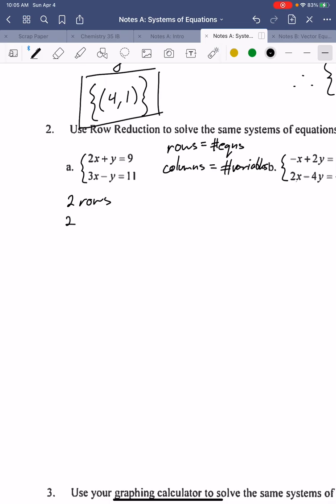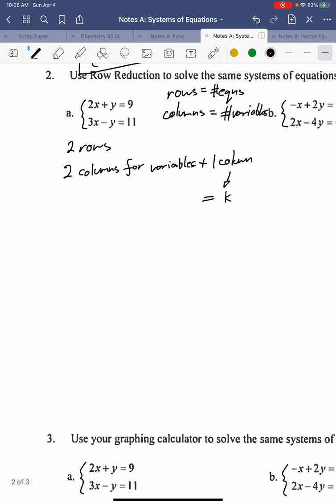And for an augmented matrix, which is what this is called, we're going to have 2 columns for the variables, plus 1 column which represents the equals.